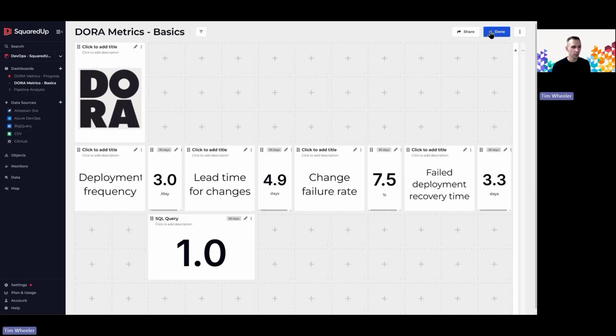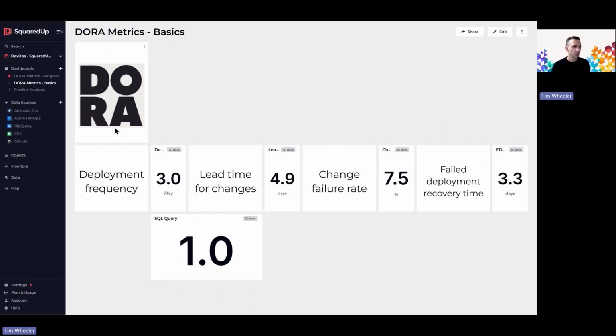Now, that's a simple view. Let's talk about a few of the features of SquaredUp that really make this an ideal tool for DORA metrics. Firstly, as you've already seen, data sources. So these are our integrations that let you pull back data from many different tools.